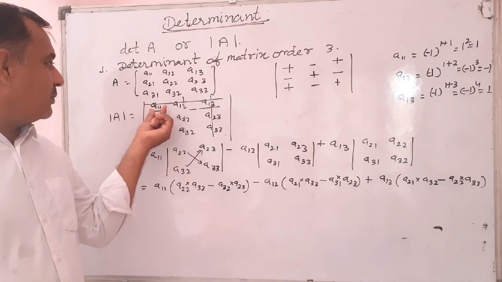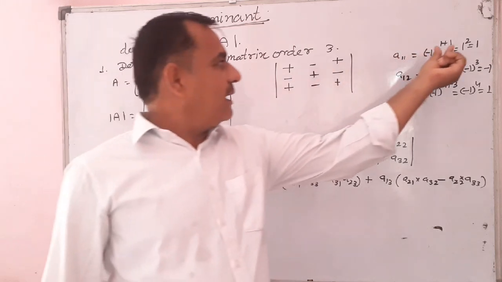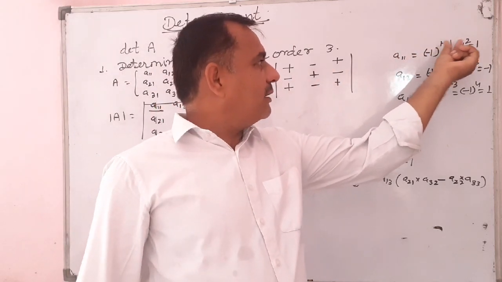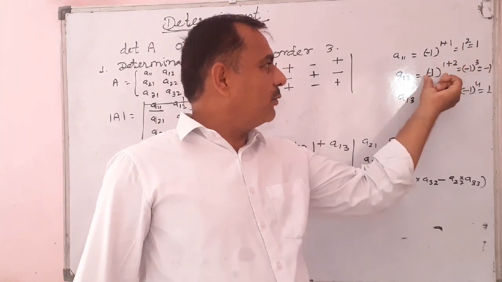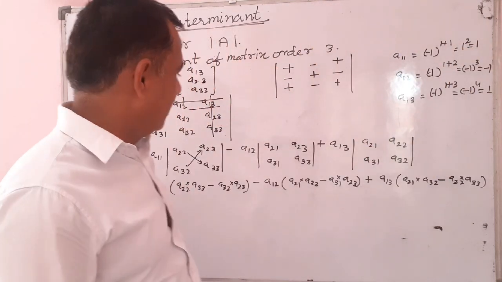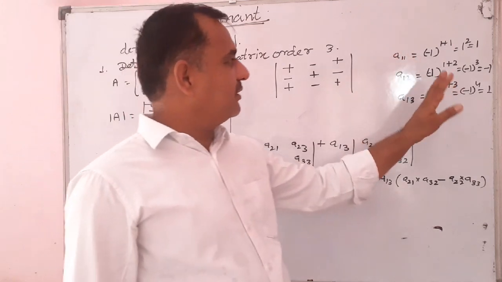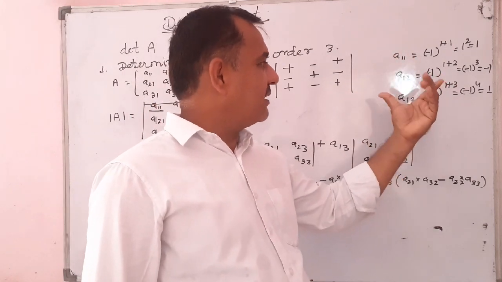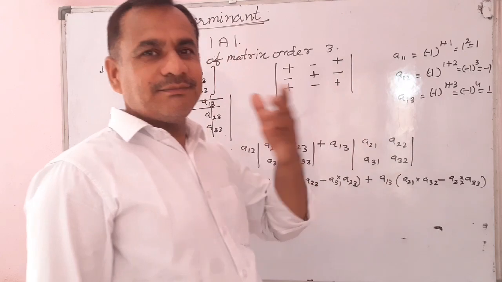If the sum of the numbers is even, then plus 1; if odd, then minus 1. We give the sign according to this, which is called the standard method.